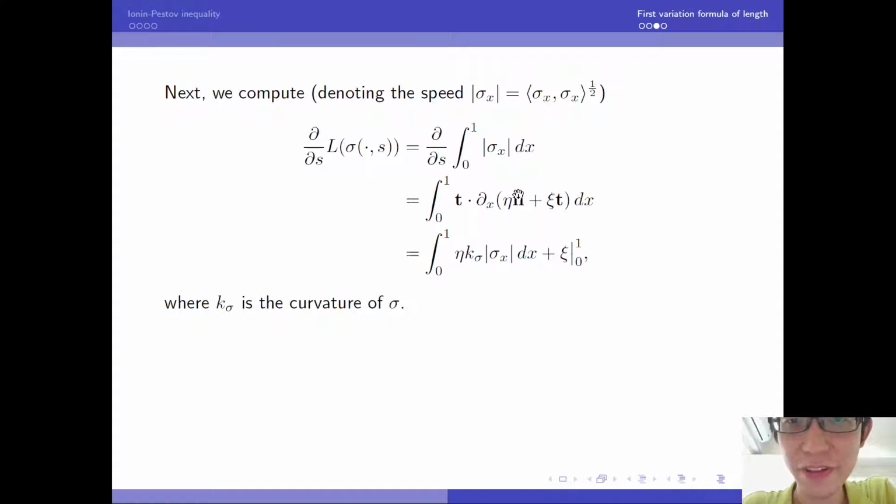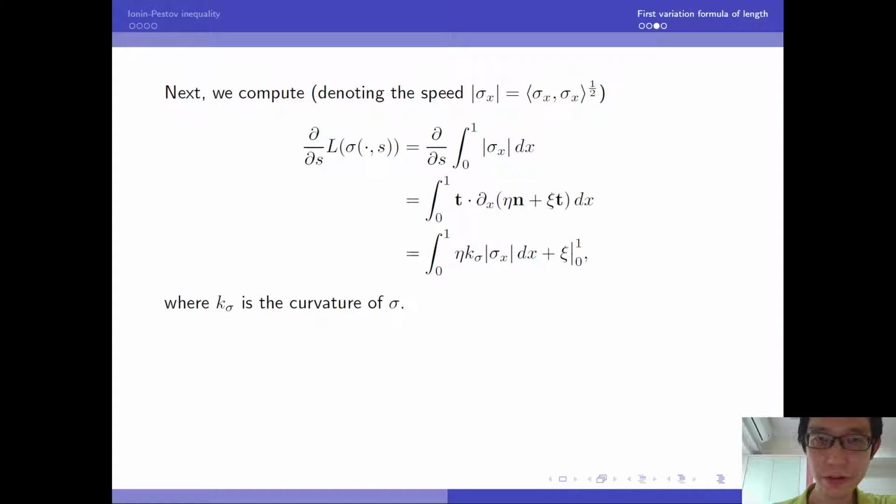When the derivative falls on n, we get the curvature. Okay, this gives us the first term. And when the derivative falls on eta, we can do integration by parts to get eta at the endpoints. When the derivative falls on t, we get t dot t prime, which is 0. Okay, so we are left with this relation. And here, this k sub sigma is the curvature of sigma.